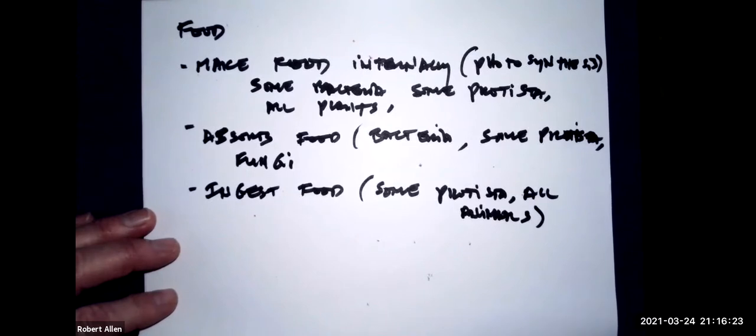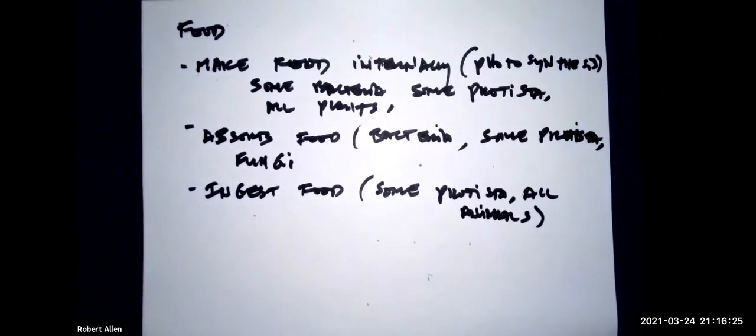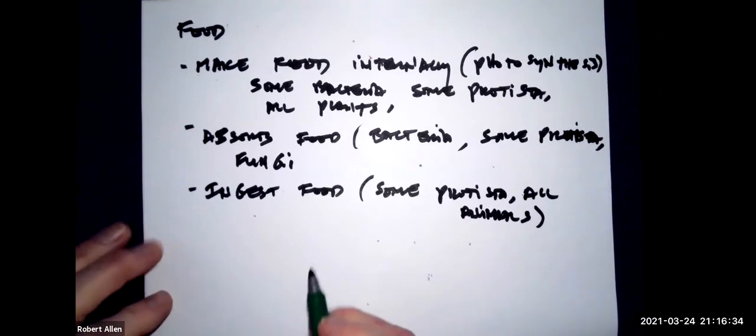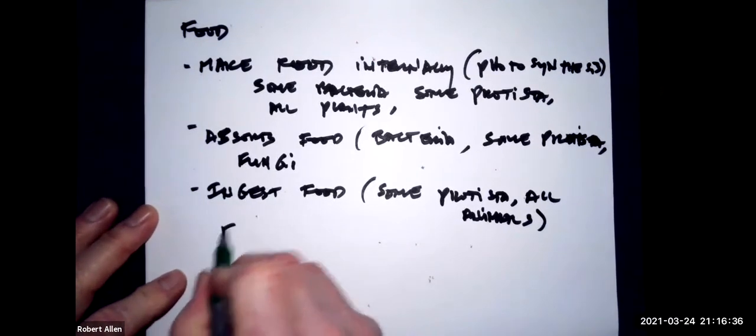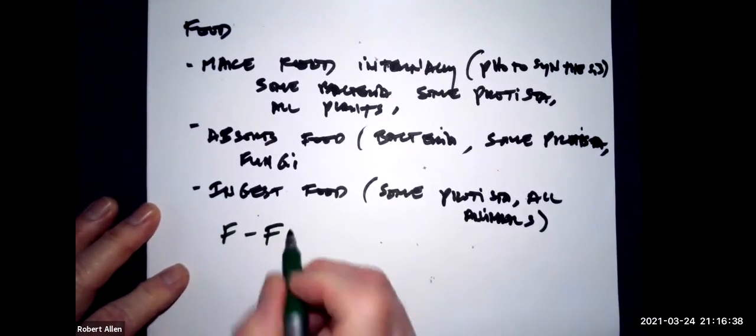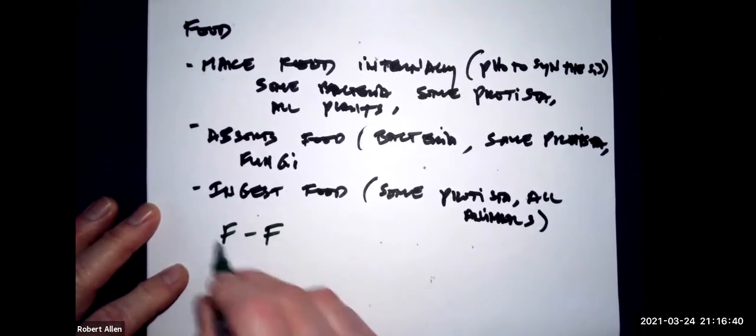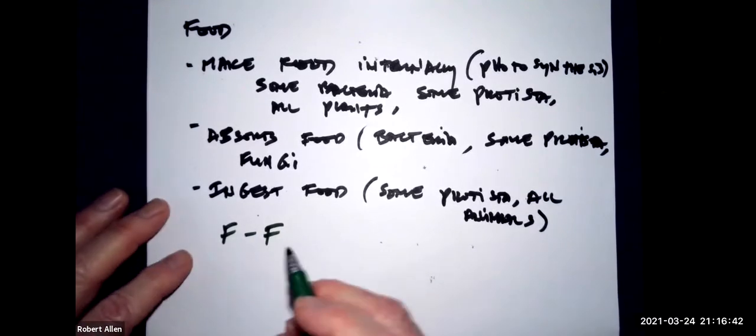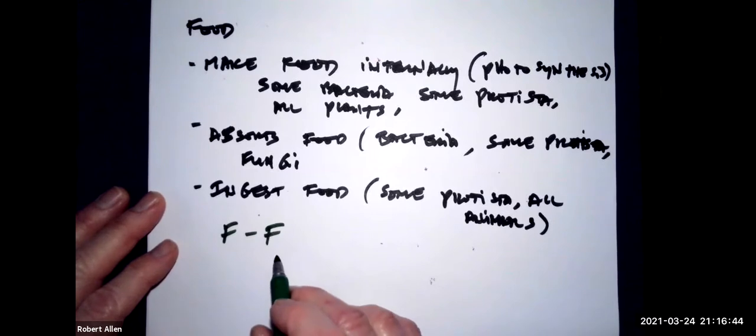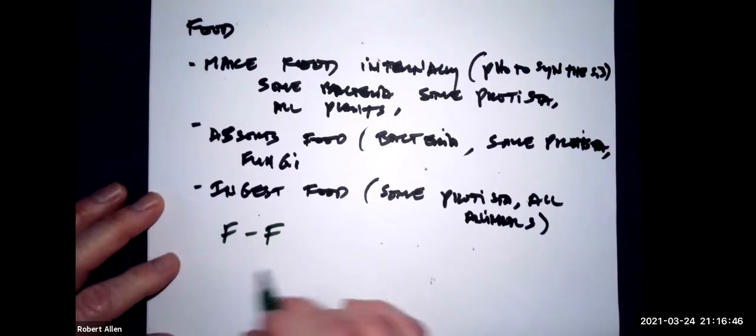So you start off with our food. I'll switch my colors here. For our food, we're going to do it like this. So here's a food molecule, but made of smaller molecules. Molecules can be big or smaller. So there's our food.